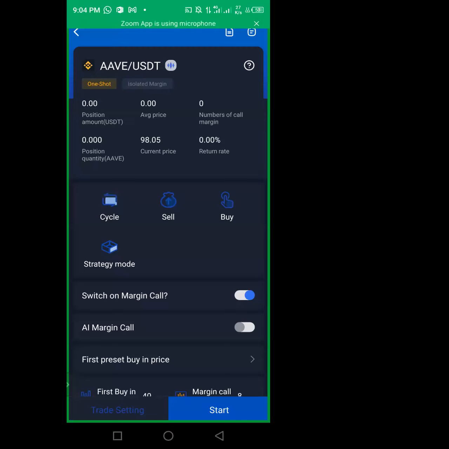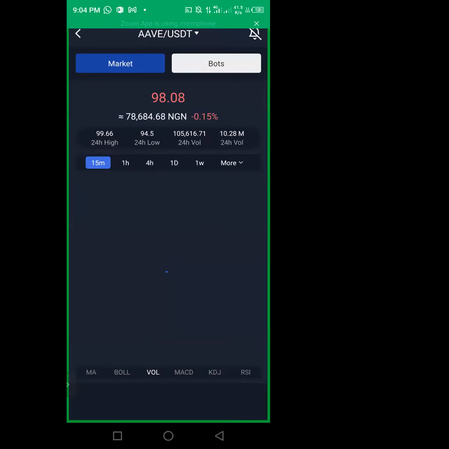The slash means the currency you're telling the robot to use to trade for you. So it's in USDT. The coin you want to trade is AAVE, but you are using USDT to trade it.